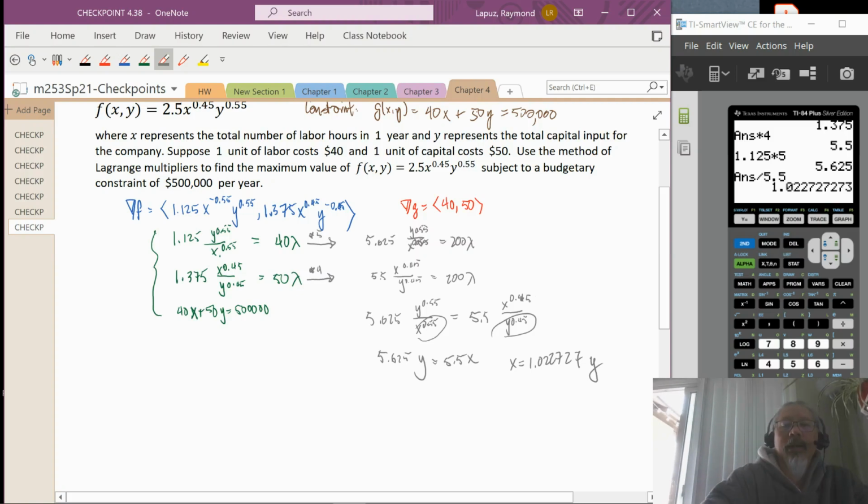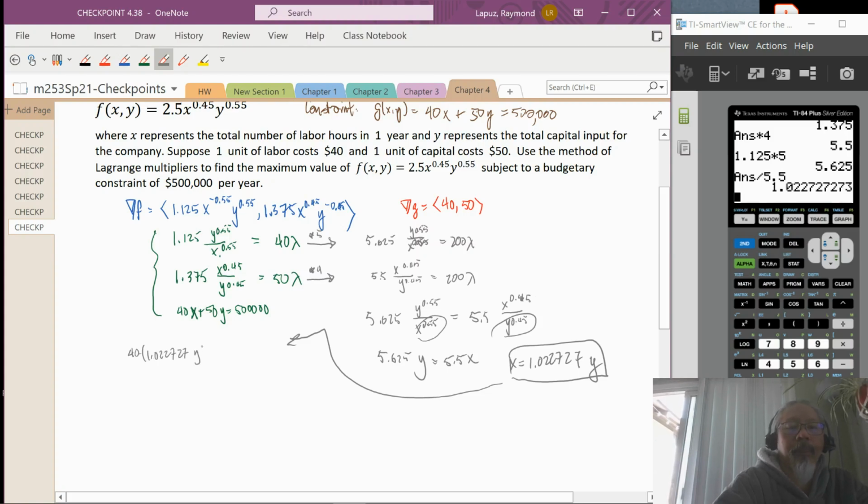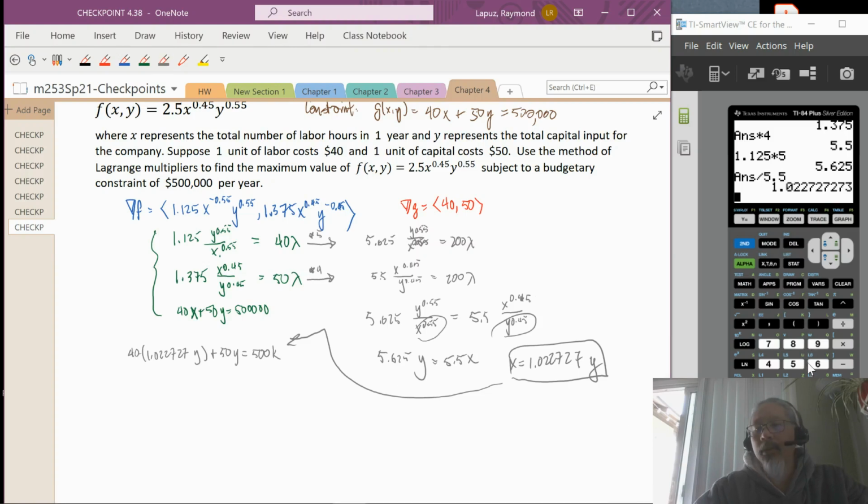Okay, now let's take this and put that into the constraint equation. We're going to get 40 times 1.022727 times y plus 50 times y is equal to 500,000. Let's go ahead and multiply that by 40, and then we will go ahead and add 50 to that.